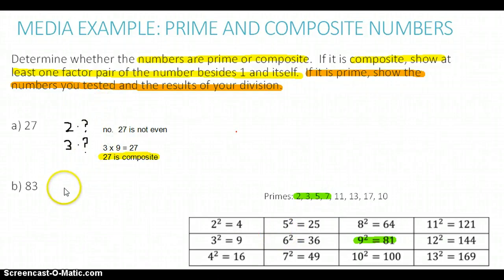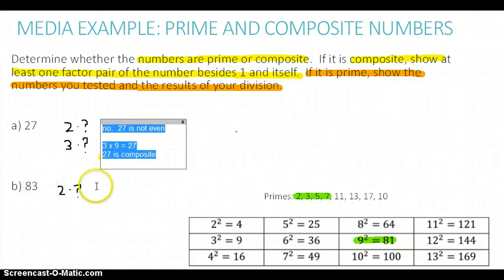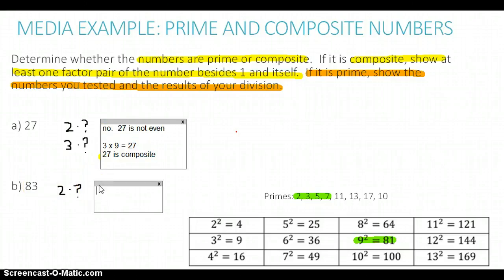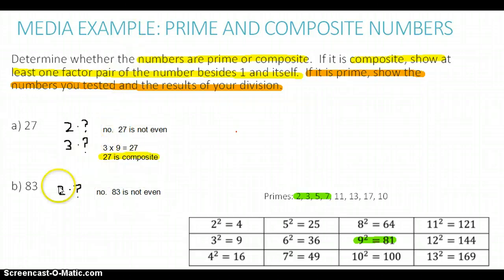So let's start just like we did before. So is 2 a factor of 83? Is 83 divisible by 2? And the answer is no. 83 is not even. So that's always a nice, quick, easy test.